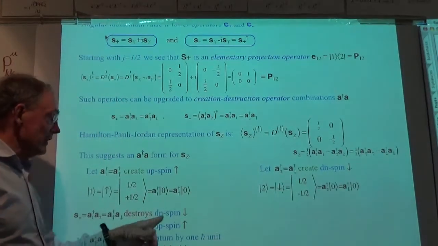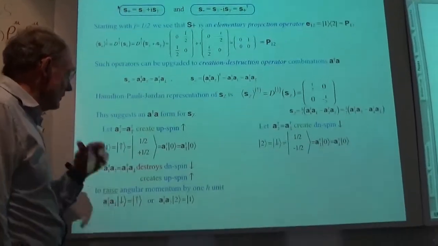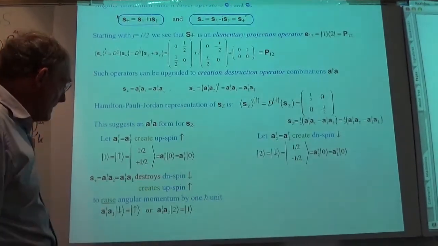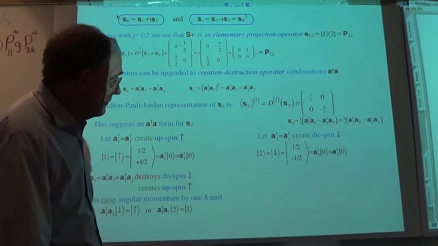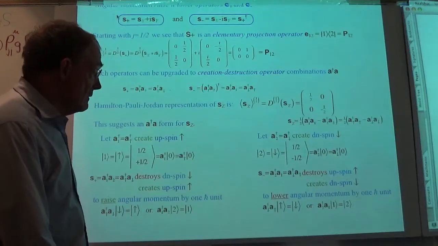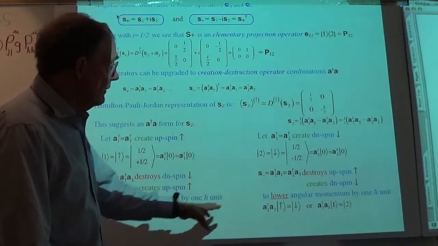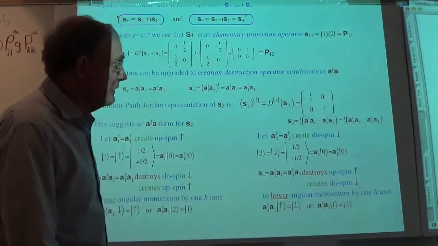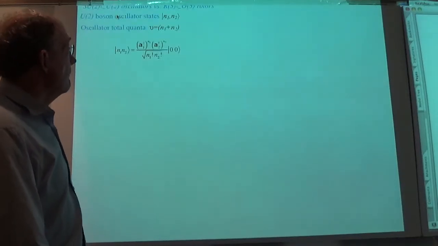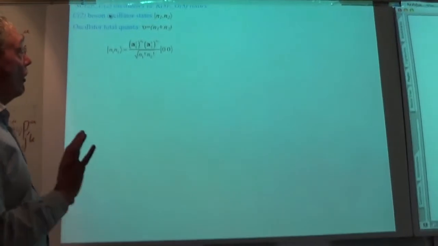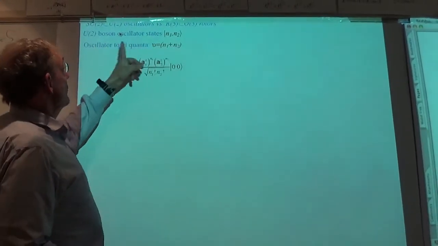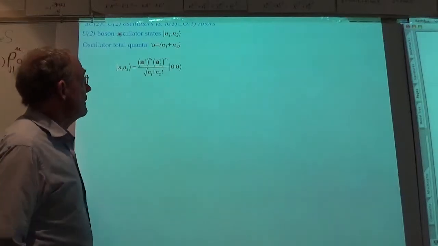Then this operator, as I said, destroys a spin down, creates a spin up to raise angular momentum by exactly 1. So that's what it's doing there, and this one does the opposite. So there's your 1,2 and 2,1 operators doing their job. All right. Now we're going to make them do the job for all possibilities. There's the boson oscillator state. There's the total quanta.